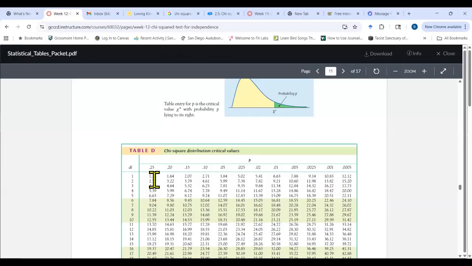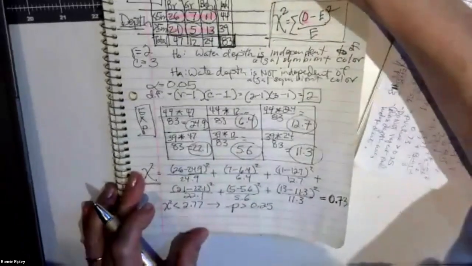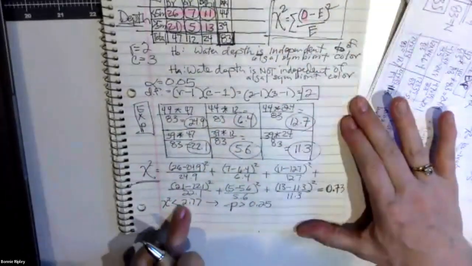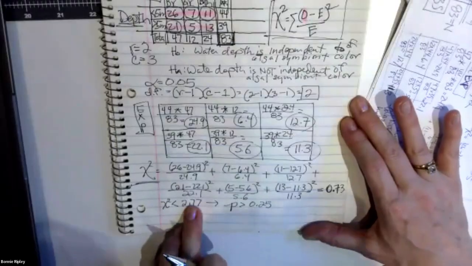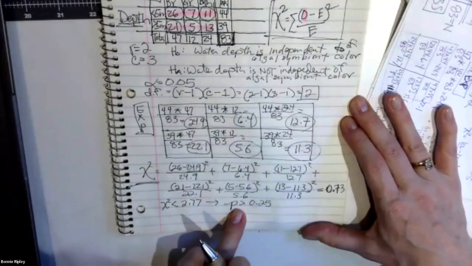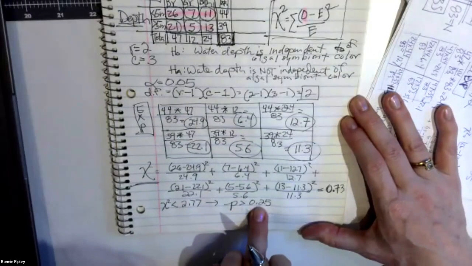We go to the top here and see, and as our chi-square values are getting smaller to the left on the table, p-values are getting larger as we go to the left. So I wrote that down. Chi-squared is less than 2.77 leads us to a p-value that is greater than 0.25.